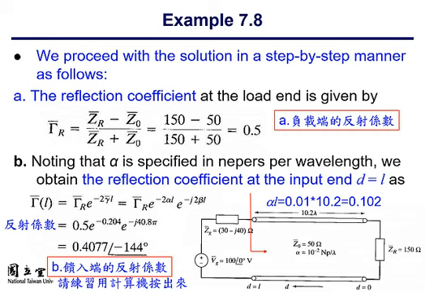And of course, you need to substitute L, which is 10.2 lambda, and alpha equals 0.01. So the first term is exponential minus 0.204. Okay? So you need to use your calculator to tell me what this number is.